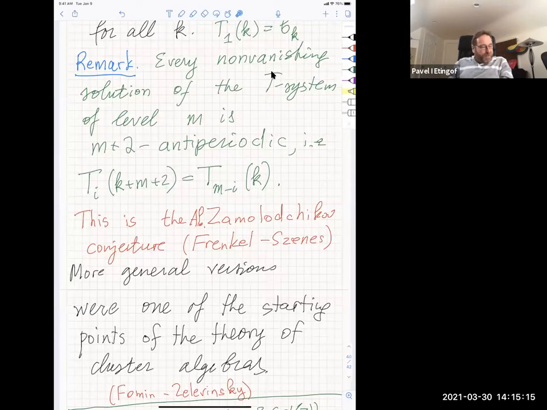But instead of functions on flag varieties, you could consider sections of a line bundle, or more precisely the absolute value of a line bundle. What is the flag variety? It's the quotient G mod B, where B is a Borel subgroup.